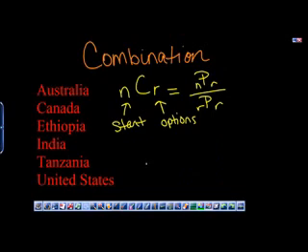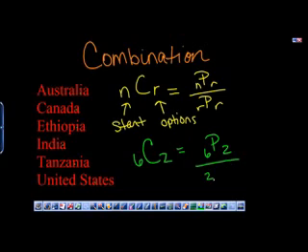Okay, so we are starting with 1, 2, 3, 4, 5, 6 countries. We want a combination of 2 each. So, setting this up with permutations, we want 6 countries choosing 2 at a time. And we're going to divide that by permutations where we just say we have 2 options, 2 at a time.